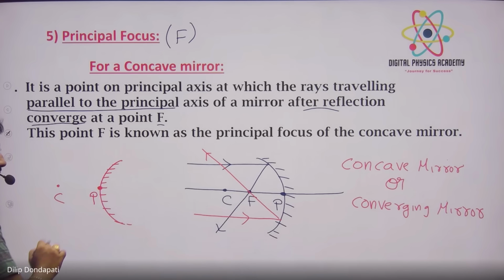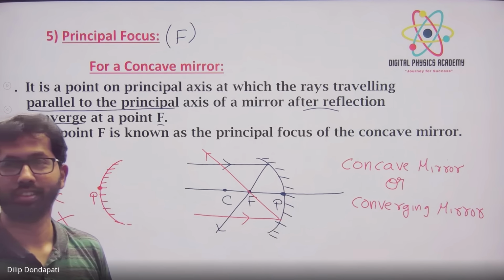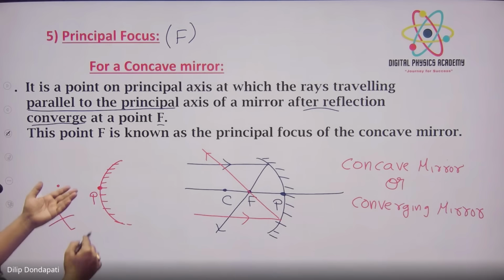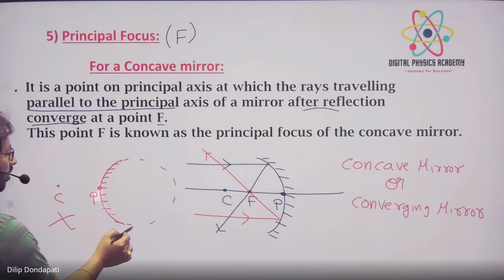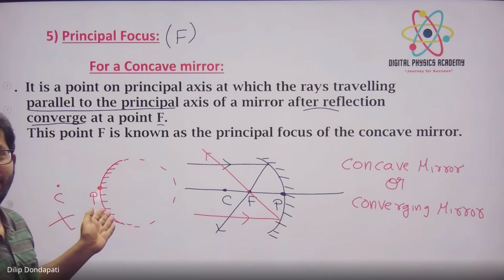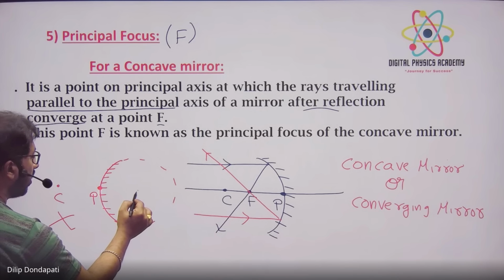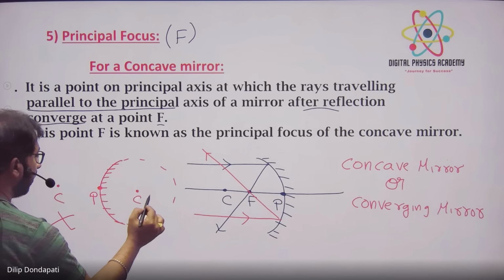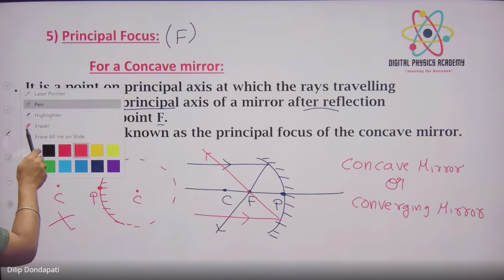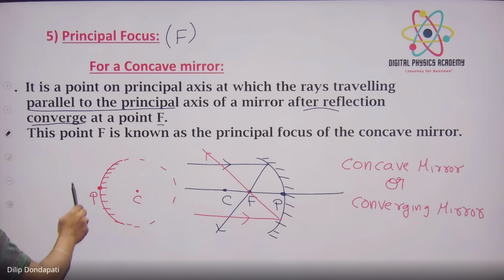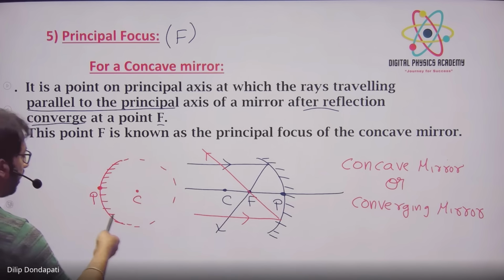Center of curvature? No, wrong. See, Sir, it's focus. The sphere is forming on this side, so how will the center come on the other side? The center will be the center of the sphere. So the center will be here for a convex mirror, not there. Always remember. Center means the center of what? The center of the sphere. The sphere is forming on this side.